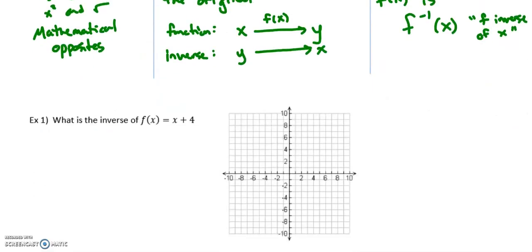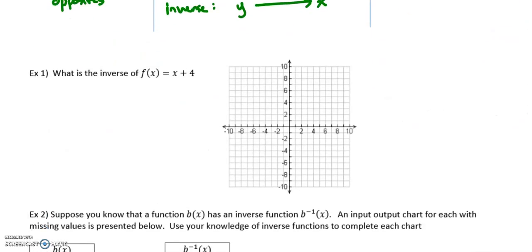So when I'm talking inverses with the little -1, that way I know what I'm talking about. Let's look at a pretty straightforward example that I think we can just understand by thinking it through. If I look at my function f of x, what it does is it takes my input and adds 4. That's what function f does to everything. It takes some sort of input x and adds 4.